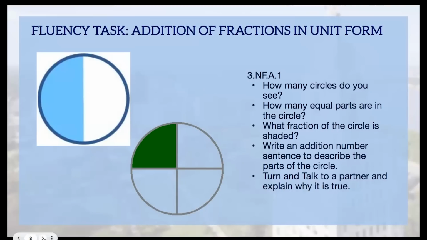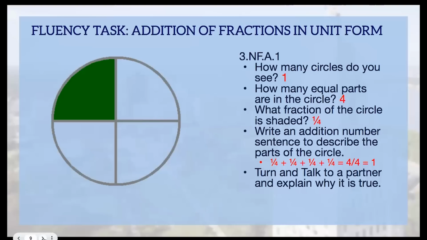So if we were to take just one of those and look at it, this is what you would see on your rapid whiteboard as your students are responding to those 4 questions.